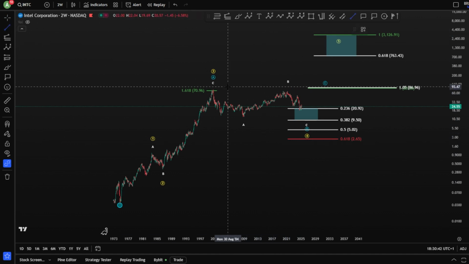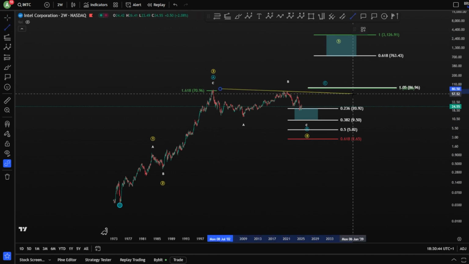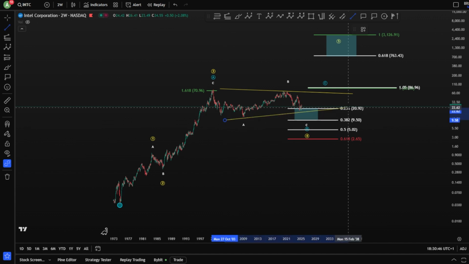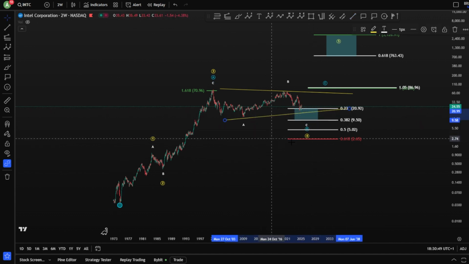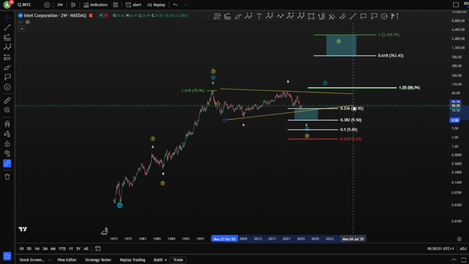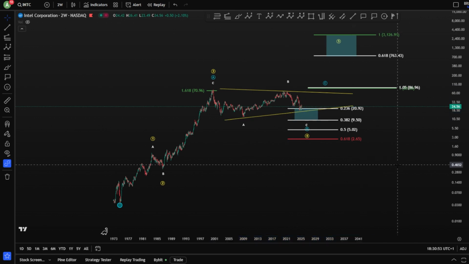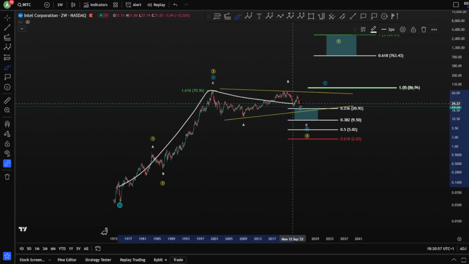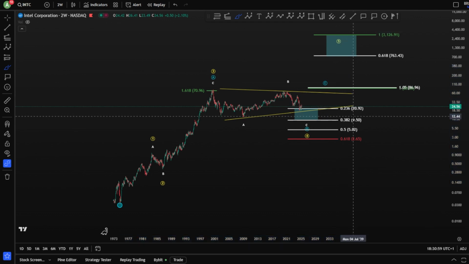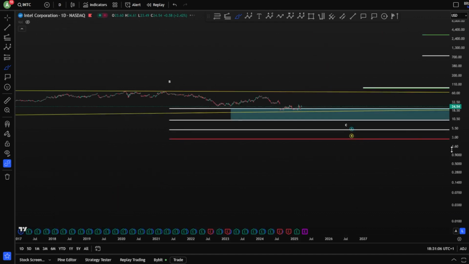So we don't want to forget that we might be in a triangle as well. In case we don't take the low as it is supposed to, as a basic ABC, and this happens, then we are in a very long correction before we move for a wave C. Let's move inside this area to see what's going on the daily here.